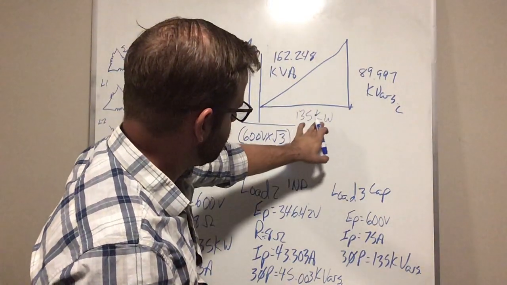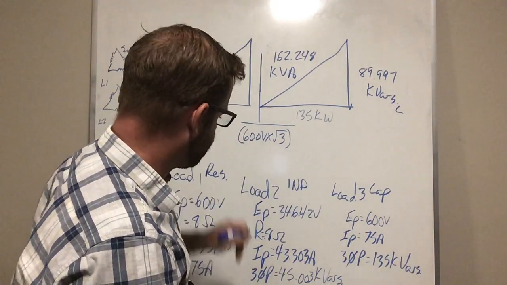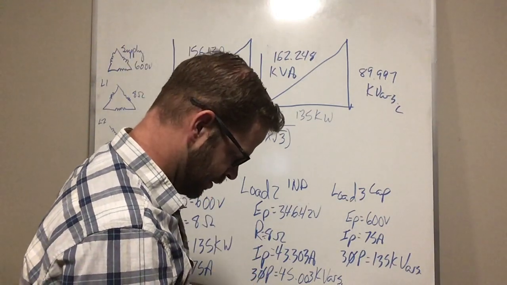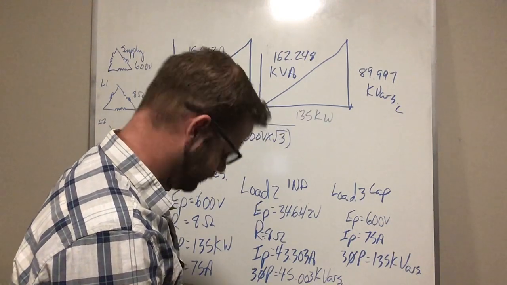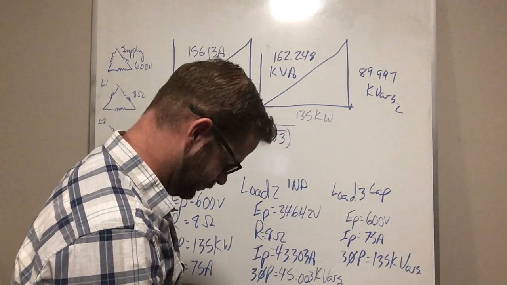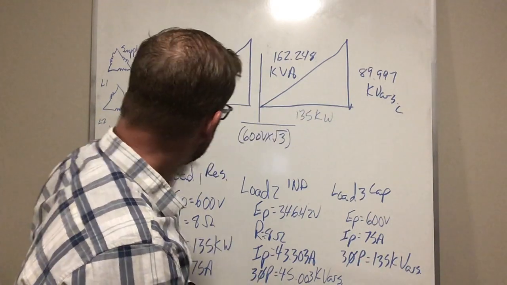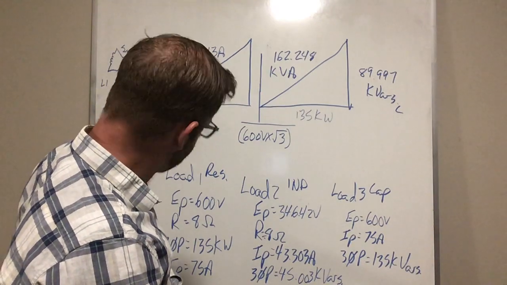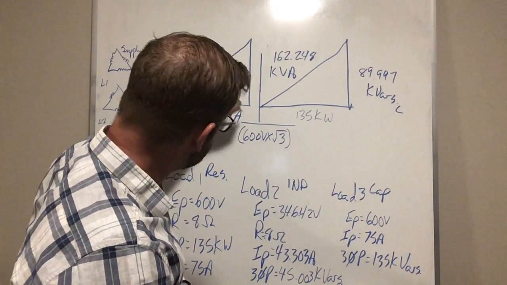Now we're going to do this over that to give you my resistive total current, our line current. That gives us a value of 129.908 amps.